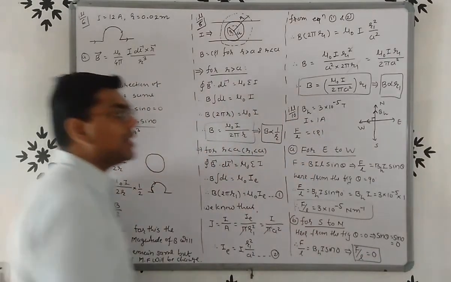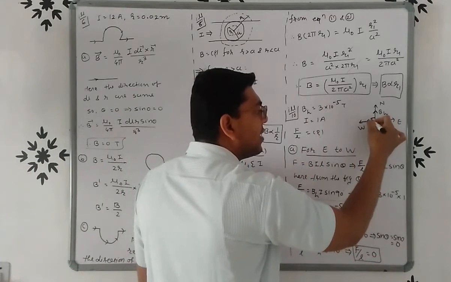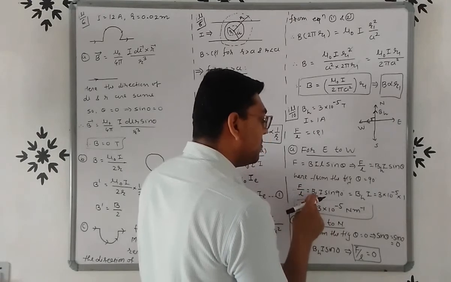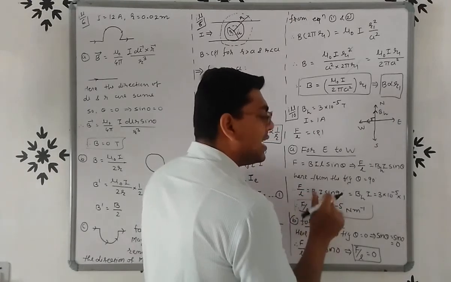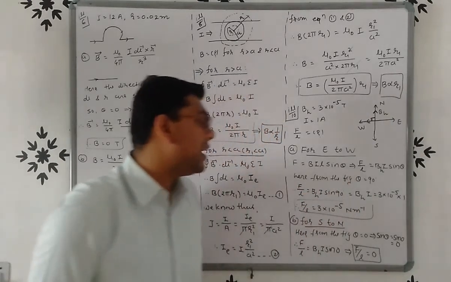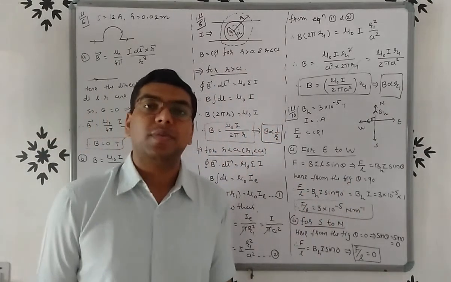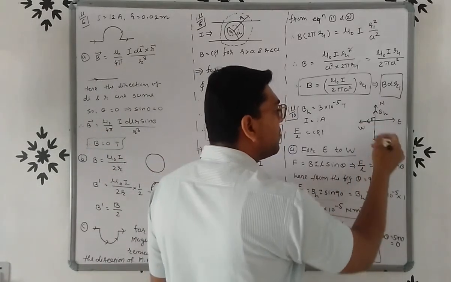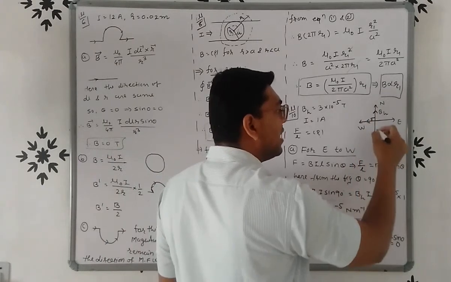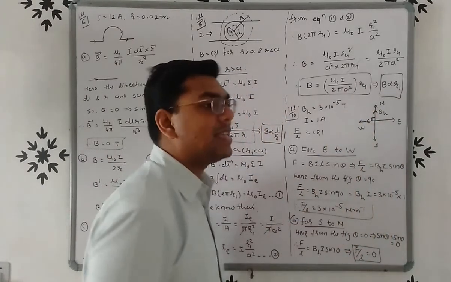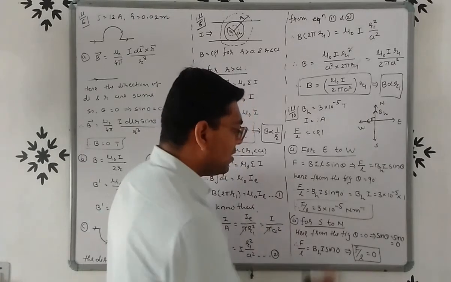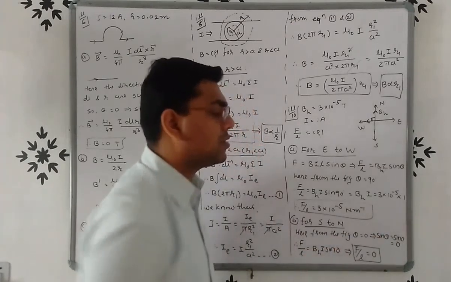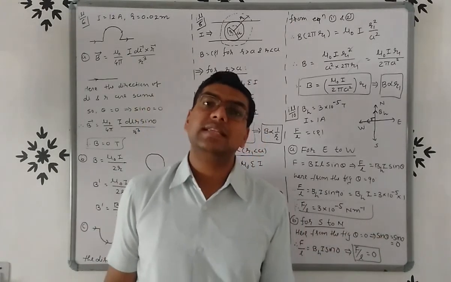So for the east to west direction, we can see here that the angle is 90. So sin 90 is 1, and force per unit length is BH I, so 3 into 10 raised to minus 5 Newton per meter. Now for the second case, the direction is south to north, and the horizontal component has the same direction, south to north. So theta is equal to 0, and sin 0 is 0.